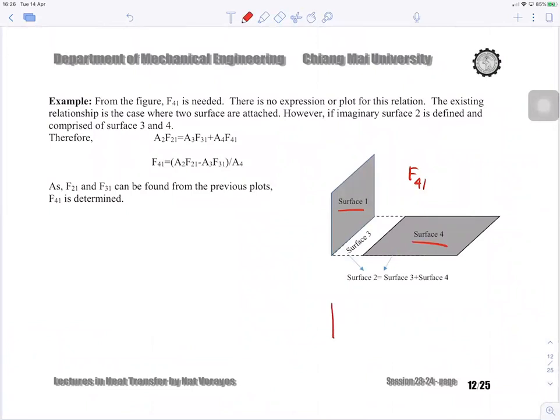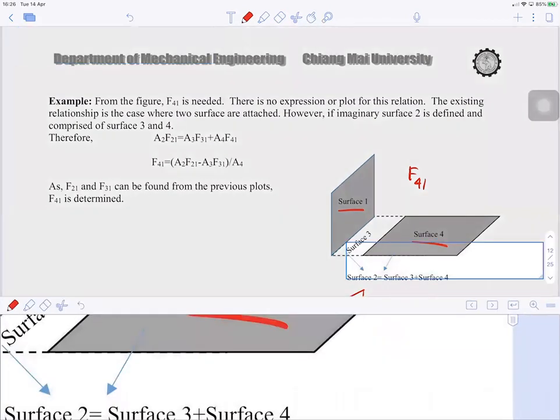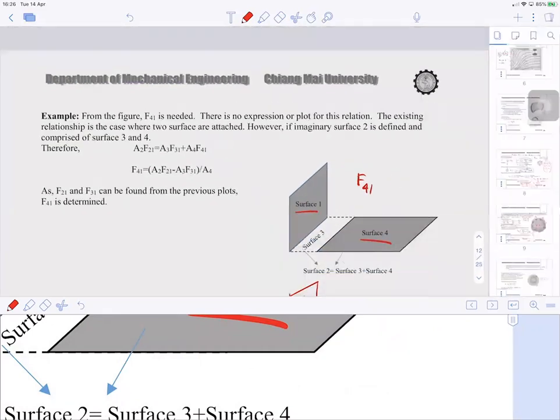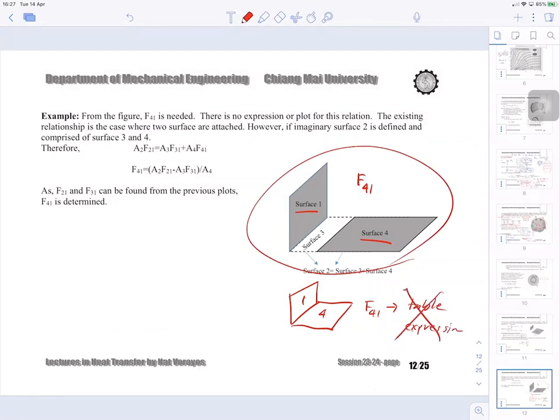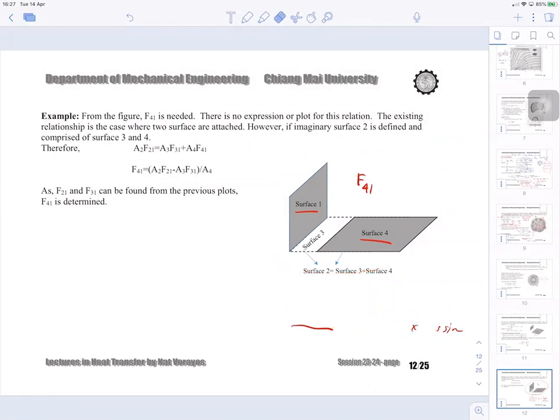It's not exactly in the table. If surface 4 and surface 1 are close to one another, F41 can be found from the table or from the expression right away. But right now you have something like this. A table expression, you cannot have it. So how do you find F41 for this case?